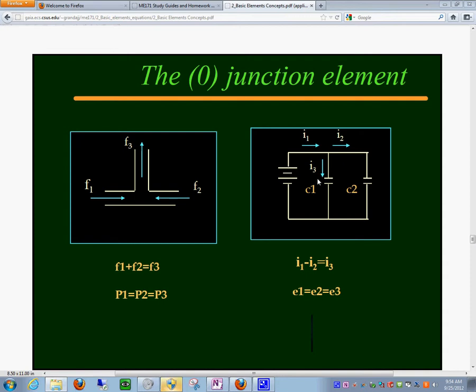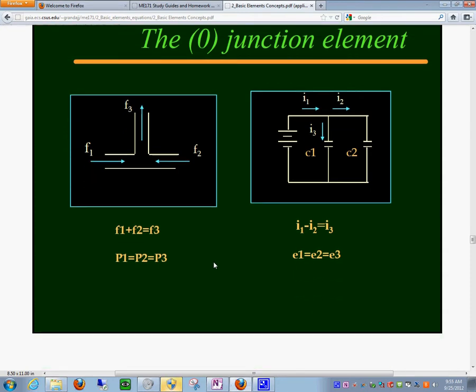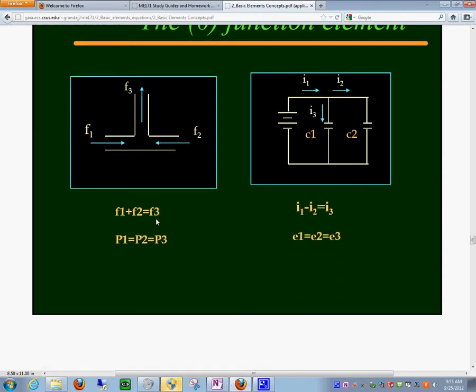That property for the left-hand side means the flows will add and the effort is the same. And in this case, the effort is the same, which is the voltage, but the flows, meaning the current, will add. That kind of connection is known as the zero junction. In equation format it is F1 plus F2 is F3, but the pressures are the same.